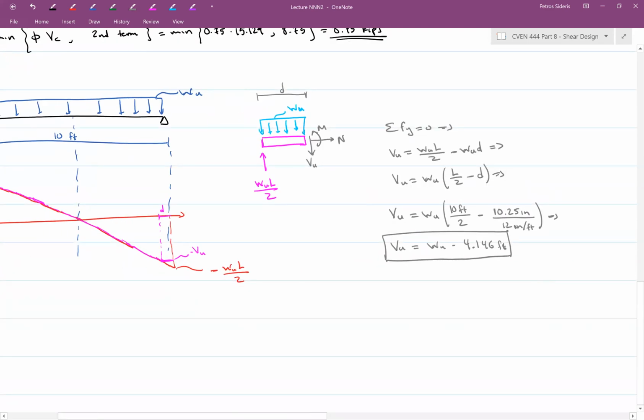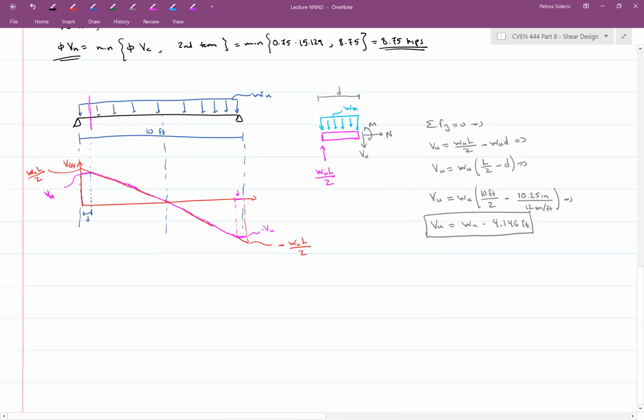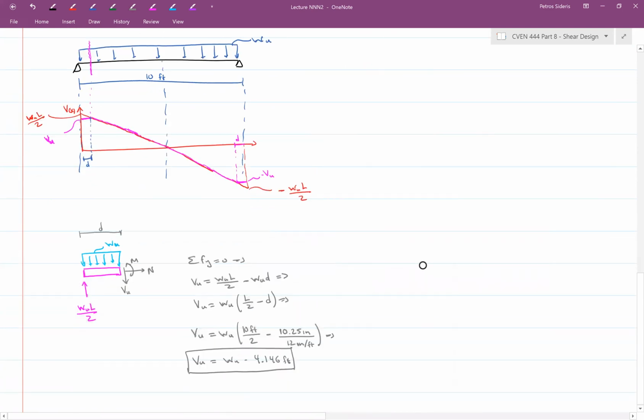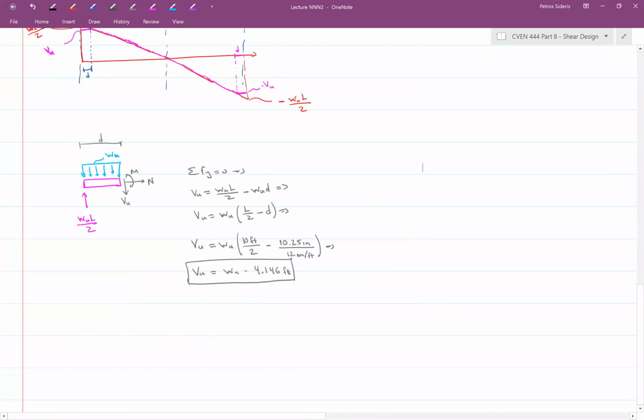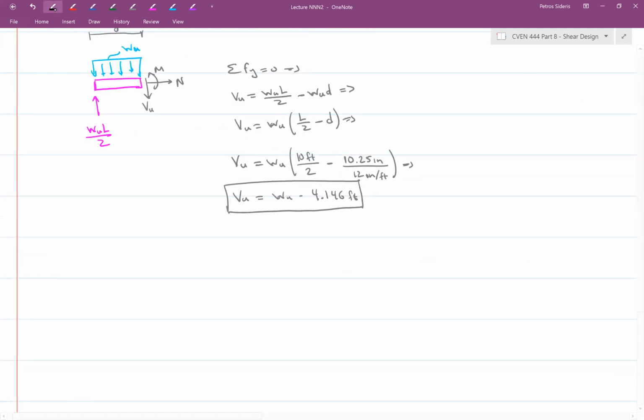And now what you did here, you associated your WU, the ultimate load, with the shear demand. Now if I'm going to write those nicely one below the other, probably I should move those somewhere here. So I have that, and now I can essentially set my demand equal to the capacity.